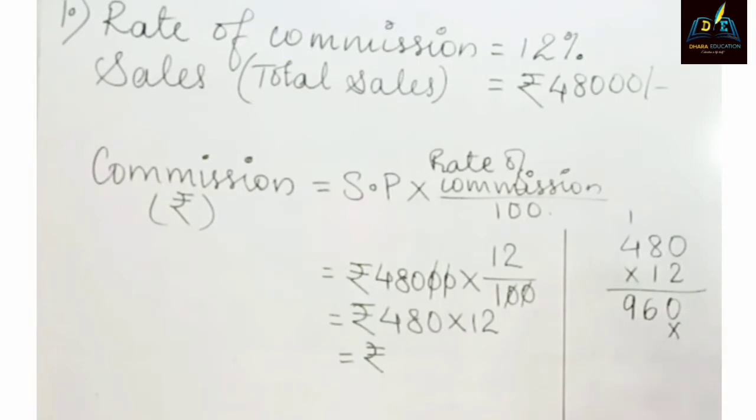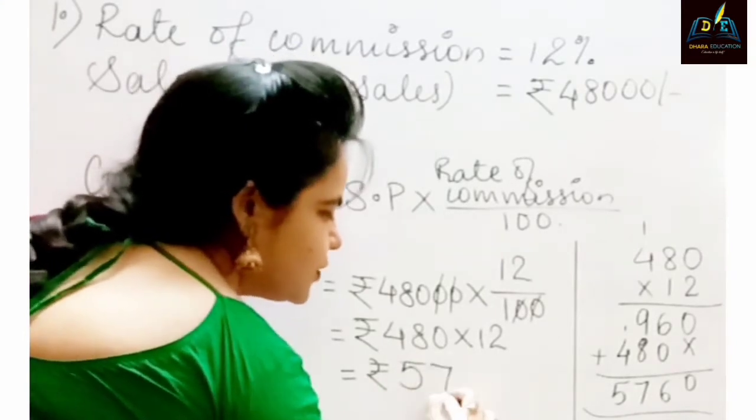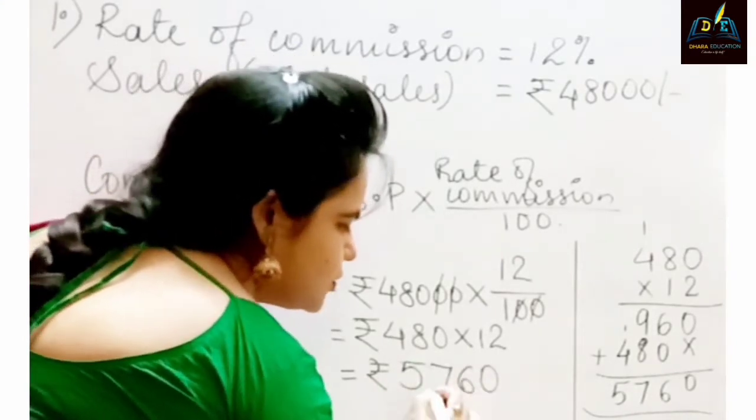Then 1 zero is 0, 1 eight is 8, 1 four is 4. By adding this, we get the amount. We write 5760.